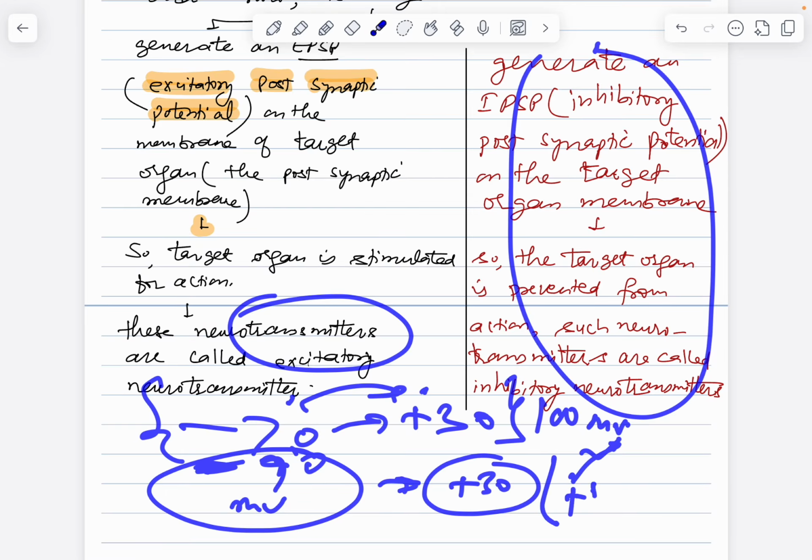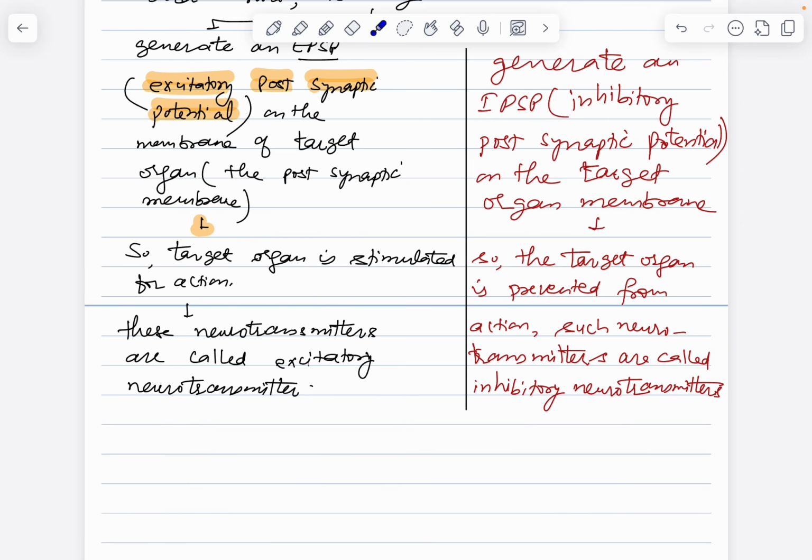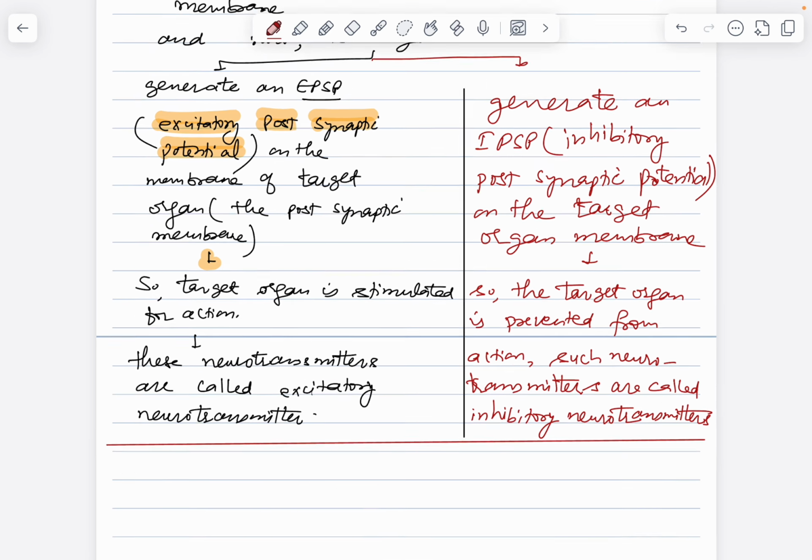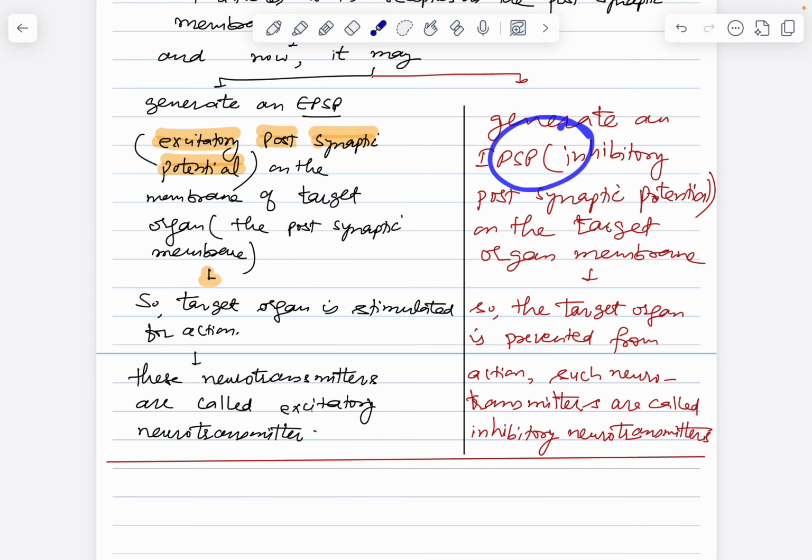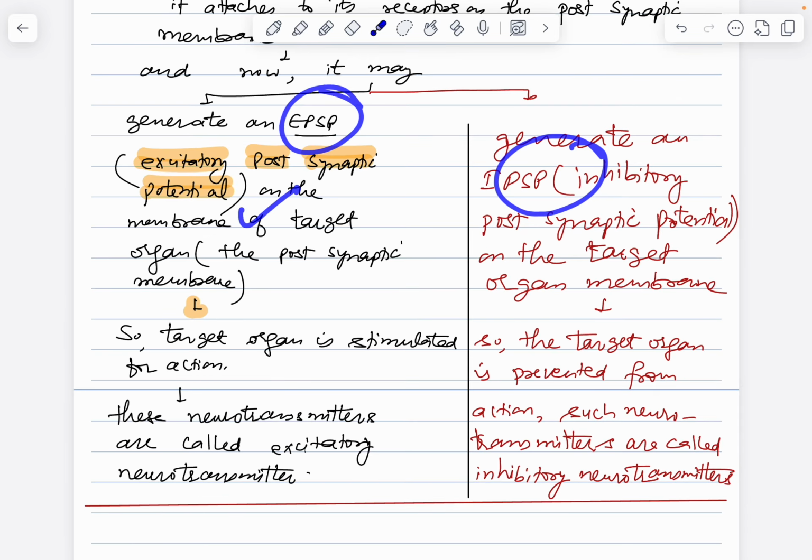But now how much change or spike in the potential do we require? 120 millivolt. So generation of IPSP, that means any potential that is lower than minus 70, will make it difficult for the target organ to work in future also. So these are the neurotransmitters that are called inhibitory because what are they generating? IPSP. These are called excitatory because what are they generating? EPSP.